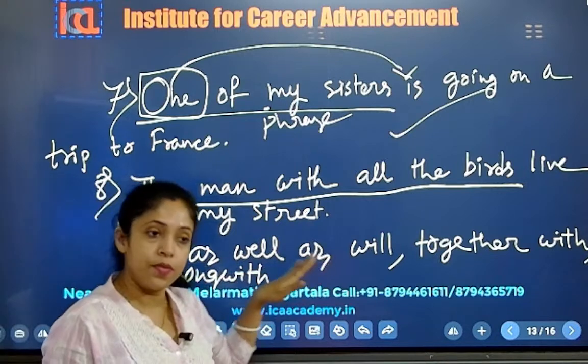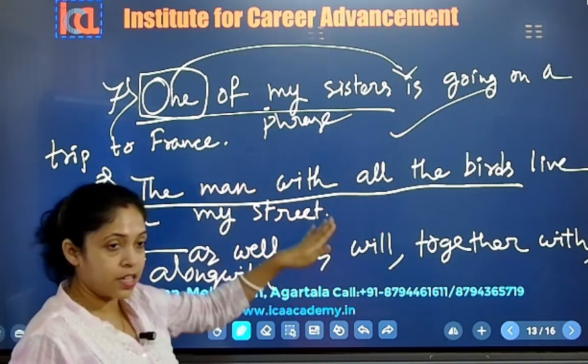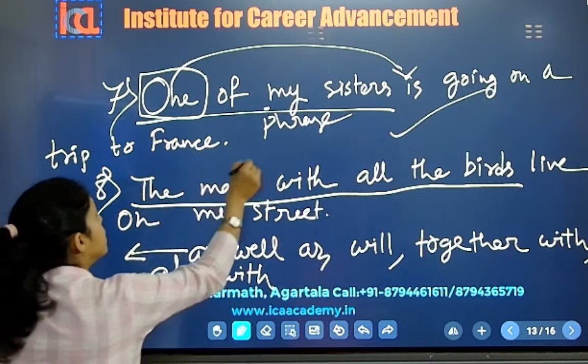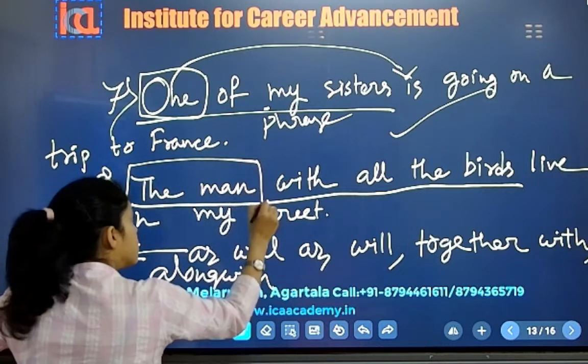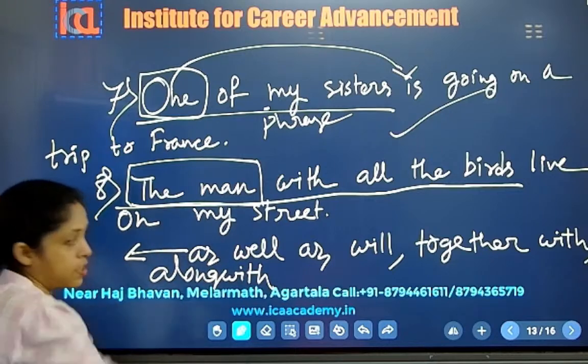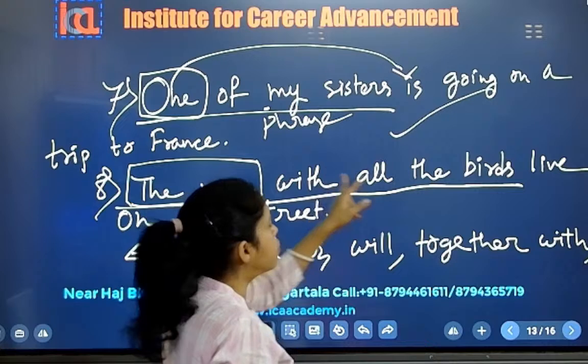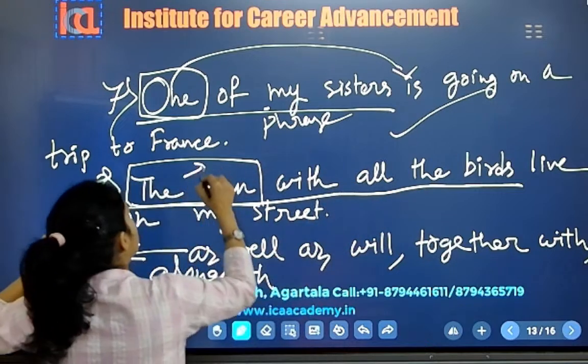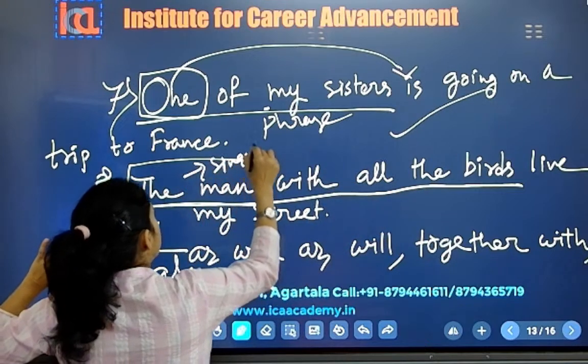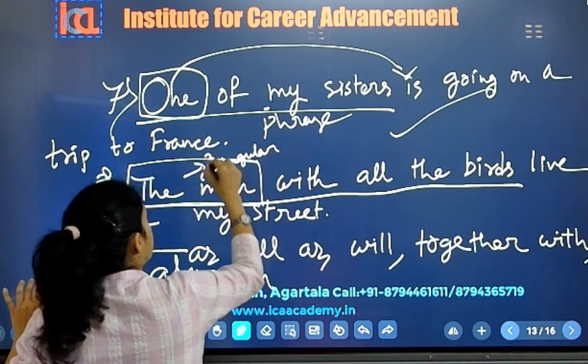Whenever we see these words in a sentence, we will always find the subject before these words. So what did we find here? With all the birds. The man is singular, third person singular number, the man.